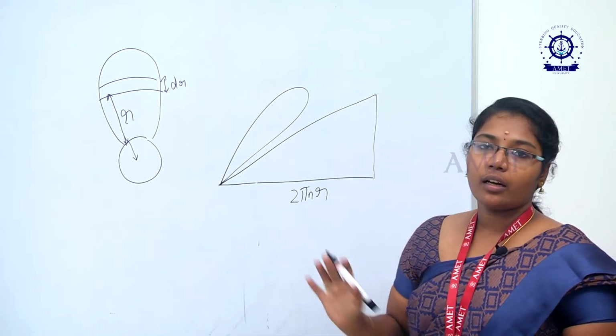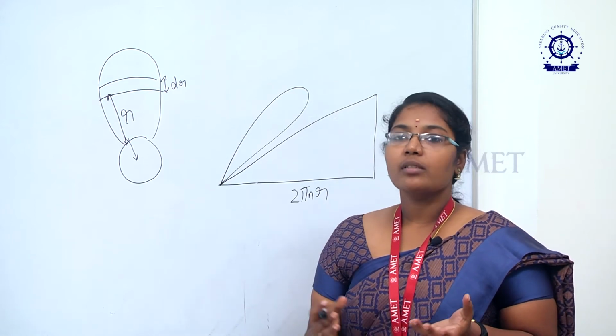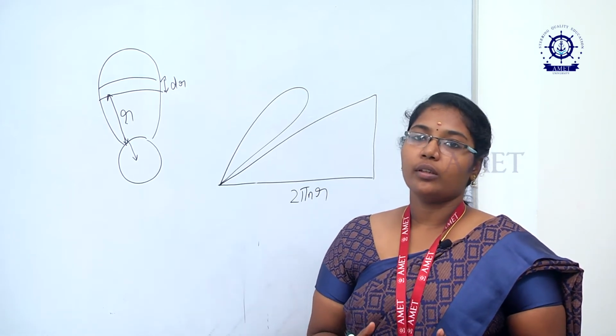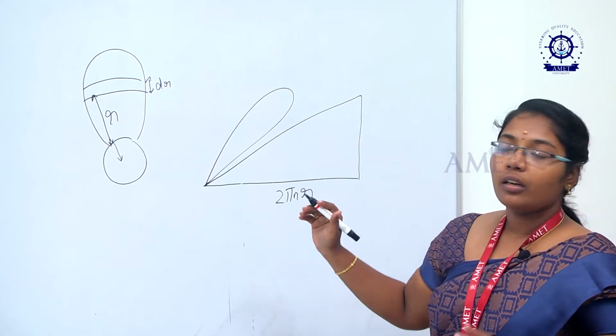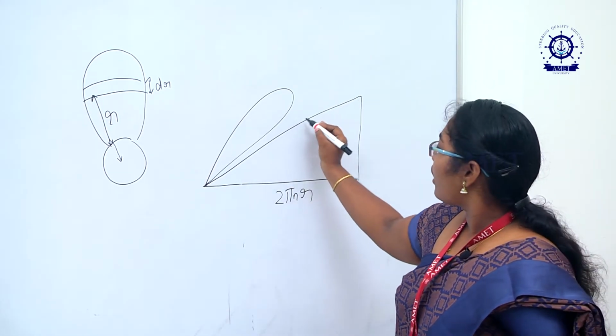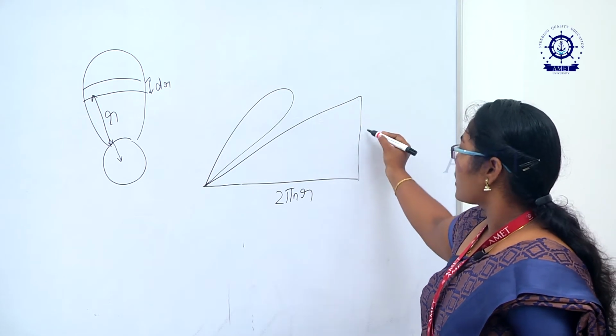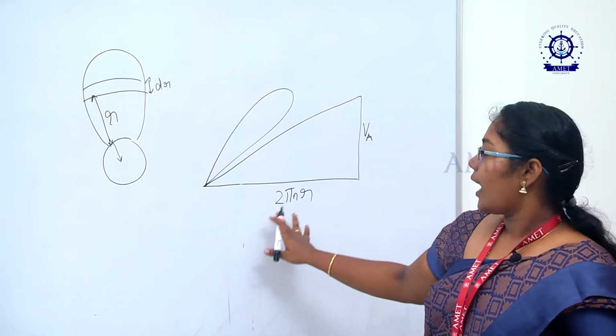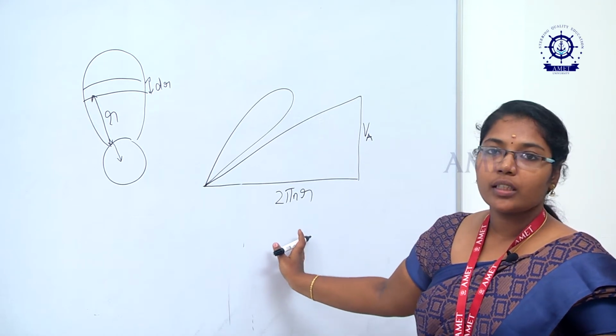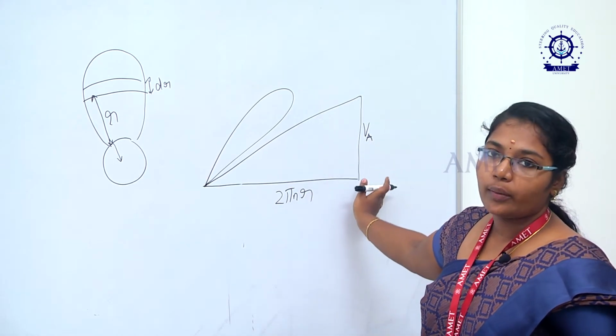Why 2 pi n r? Tangential means omega into r, omega is equal to 2 pi n. So, here 2 pi n r, and this is your axial velocity, which is Va. So, we are having our tangential velocity and our axial velocity.